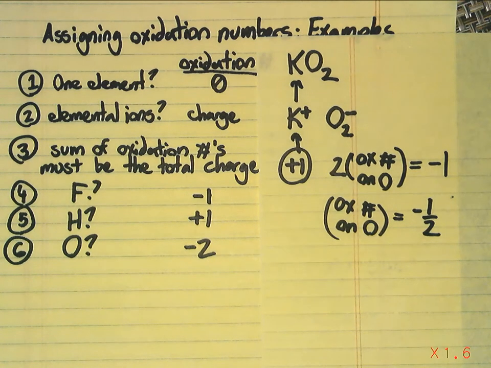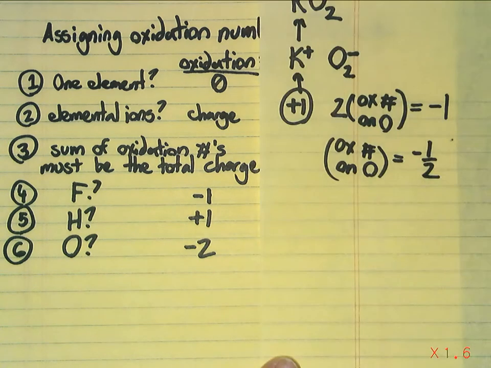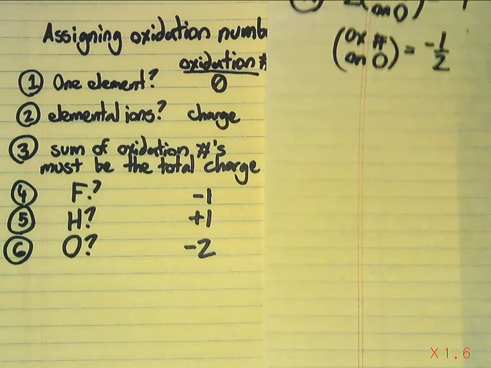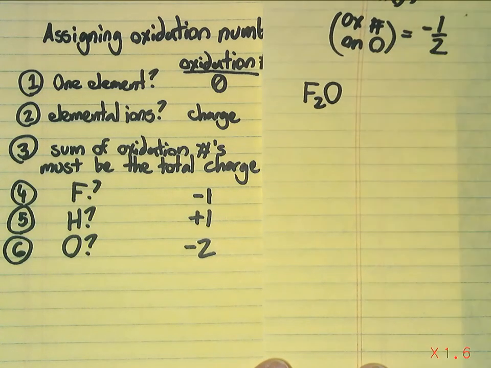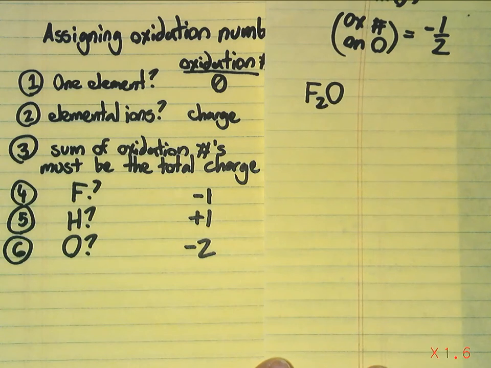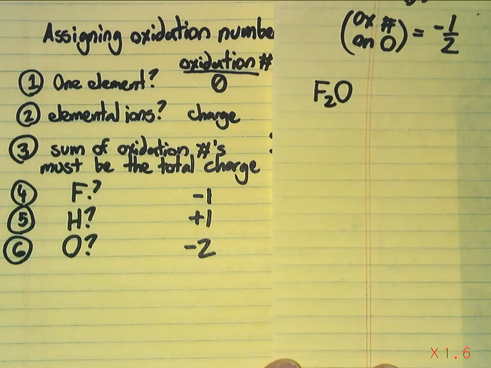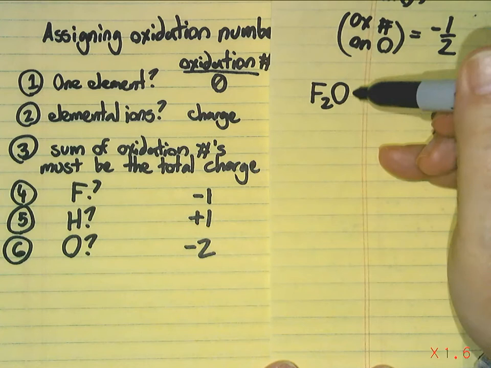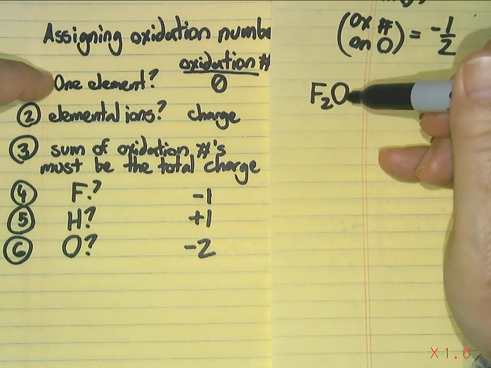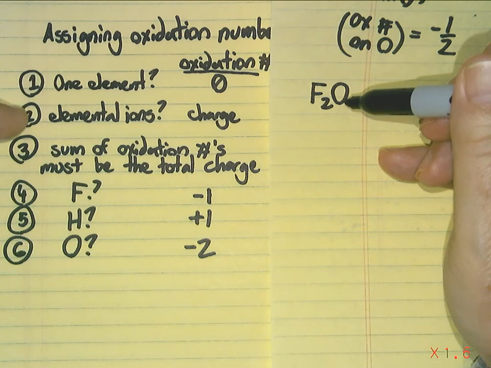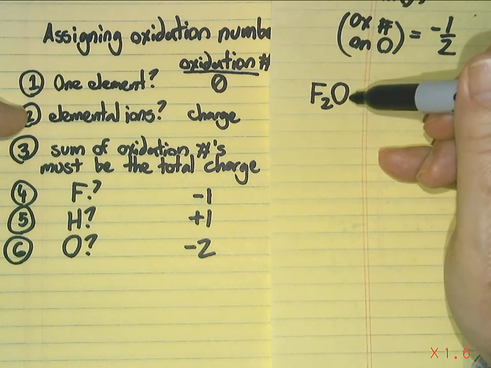All right, let's try another hard one like that. Let's do F2O. To get the answer for this one, you've got to apply the rules in order. All right, do I have one element? Nope, I've got two, fluorine and oxygen, so that doesn't apply. Do I have any elemental ions in here?